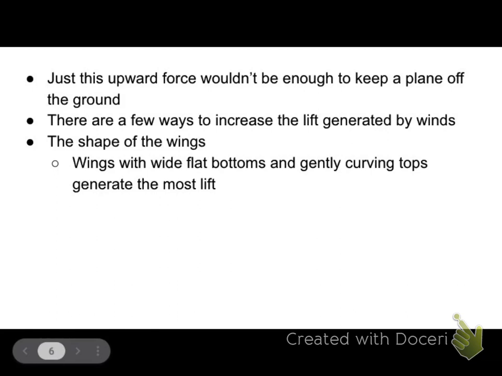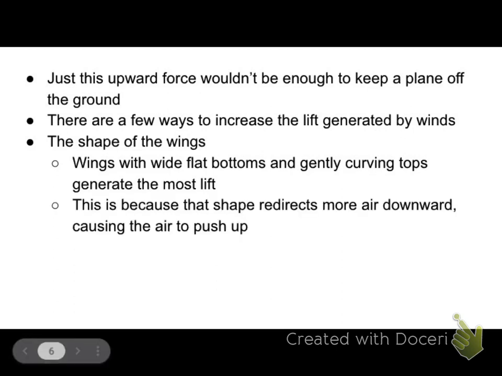The wings have wide flat bottoms and gently curving tops, and how they do that is the shape redirects more air down, causing the air to push up. If you just had a flat wing, not all of the air that you ran into would get directed downward.